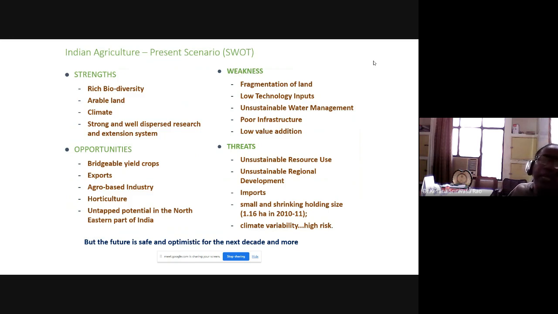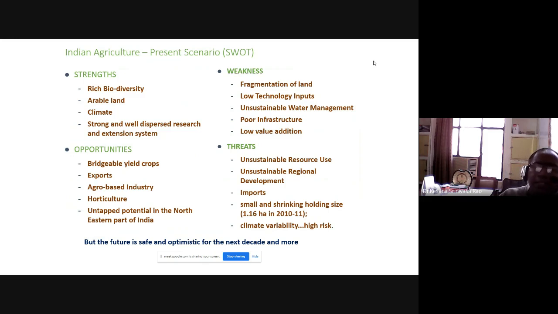We can see that we have rich biodiversity, arable land is also very high, and climate is also one of the basic factors which can influence the Indian agriculture situation like anything. Because whatever you may say, whether irrigation facilities are there or not, the climatic conditions are very much influencing Indian agriculture.